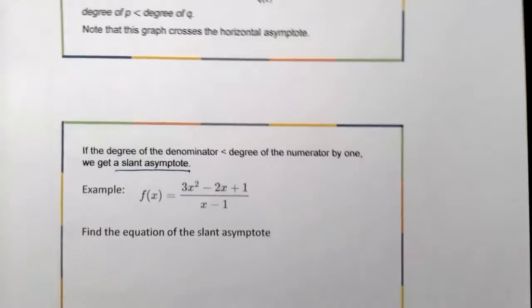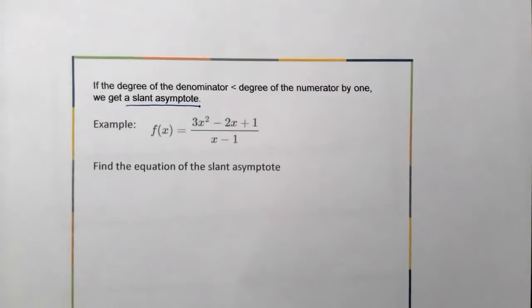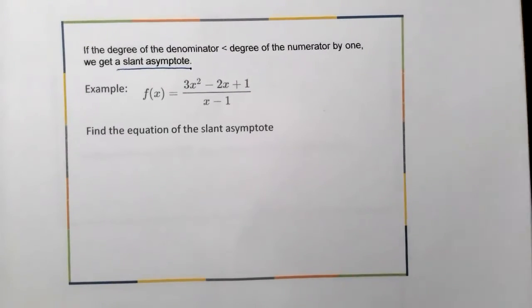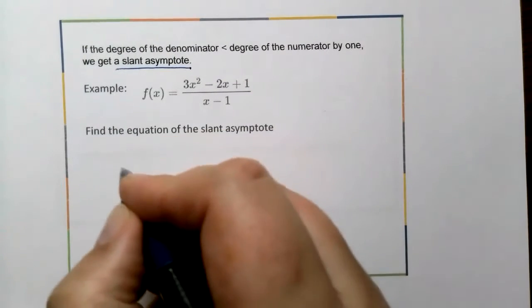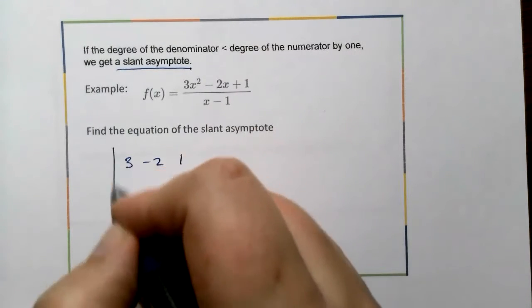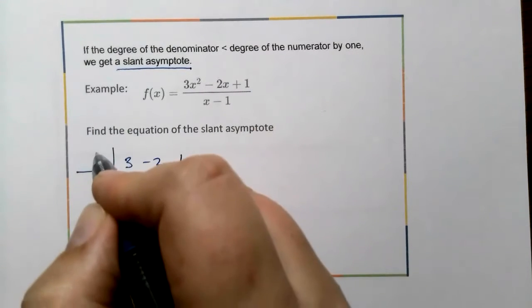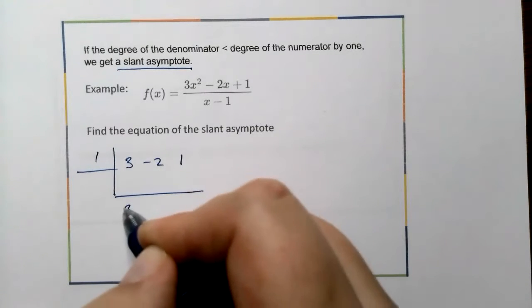And this is where we go back to division of polynomials. So let's go ahead and divide these using synthetic division. So 3, negative 2, 1, and we're going to divide it by x minus 1.